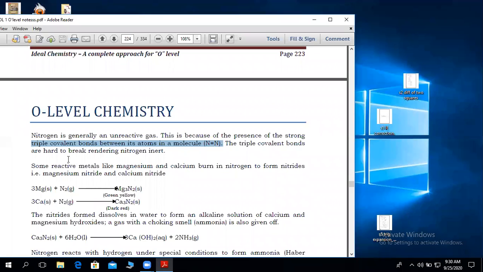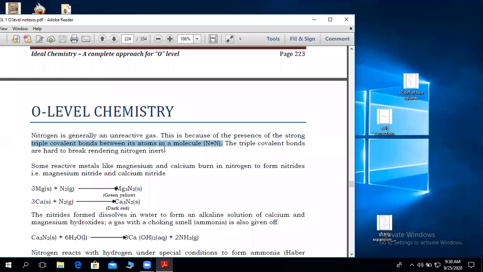The triple bonds are hard to break because for nitrogen to react, the bonds holding its atoms must break. If they don't break, then it won't react. So for nitrogen to react, these bonds must be broken, and that's when nitrogen will react.